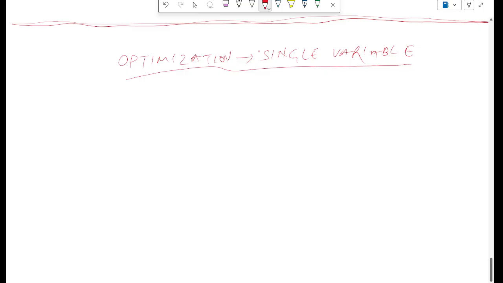Here in this topic what we are going to learn basically is, in last video we saw maxima and minima. We also saw when a function is increasing, when a function is decreasing, what are those conditions when we say that function is strictly increasing or increasing, and what are those conditions that we check whether a function has maximum or minimum value at any given point in the domain.